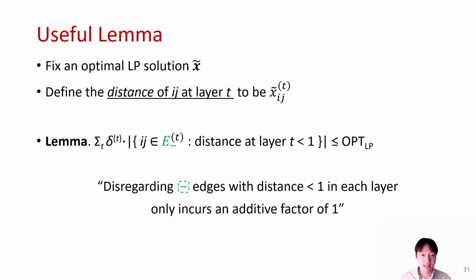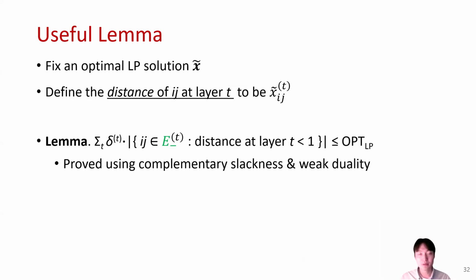Essentially, this lemma is saying that we can ignore minus edges with distance less than 1 in each layer, and that only incurs an additive factor of 1 in our final approximation ratio. This can be easily proved by applying complementary slackness and weak duality.